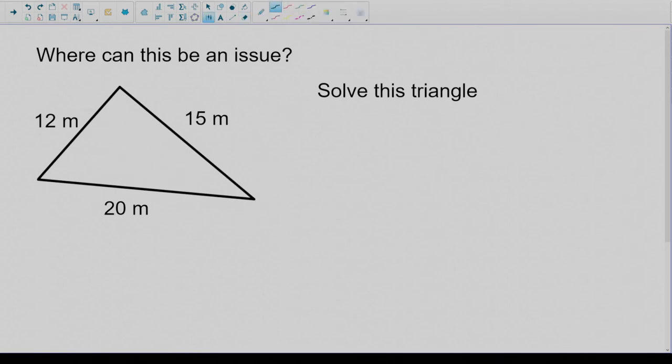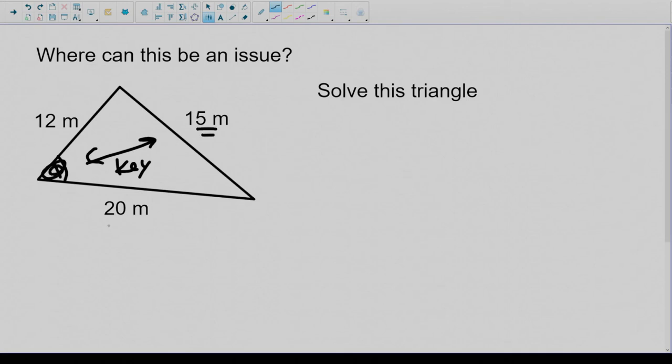So for instance, what if a student had found this angle instead? This would be your key to finding the other angles for the sine, and usually we use the sine law at that point, okay, which might not be the best solution. But let's say a student had found this as their angle, right, and then they had the key this way.